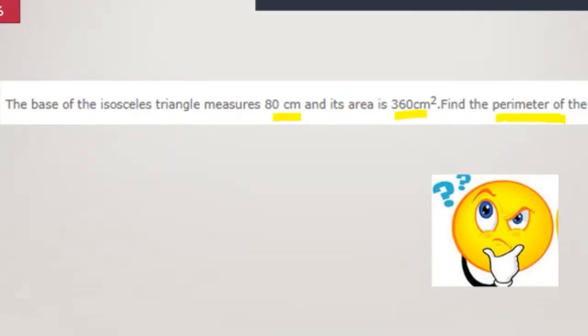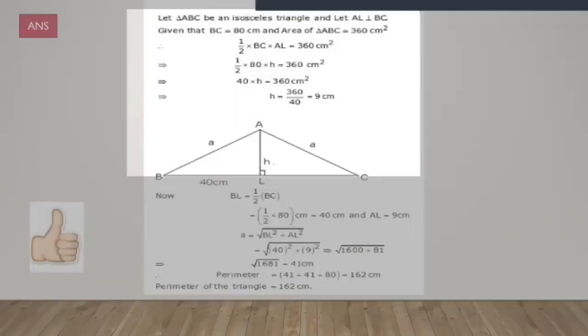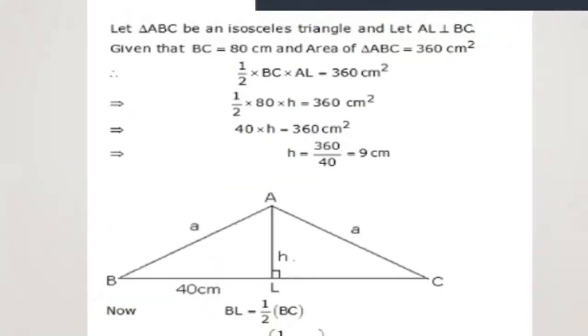Isosceles triangle, the hint is that an isosceles triangle can be broken down into two right angle triangles. So here your ABC is your isosceles triangle, and we are dropping a perpendicular because there is no single formula to find the area of an isosceles triangle. You have to drop a perpendicular.